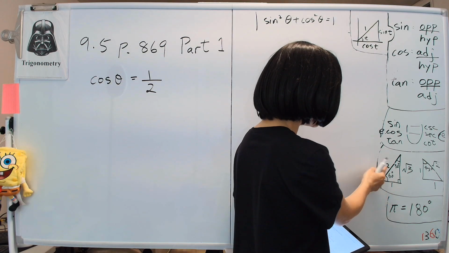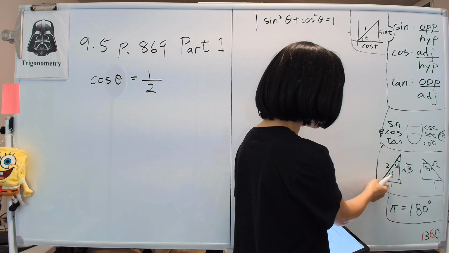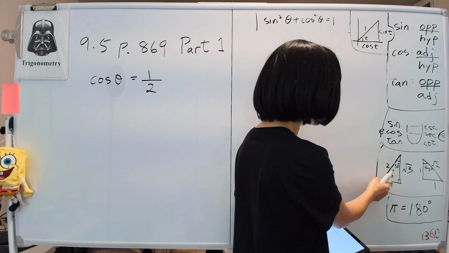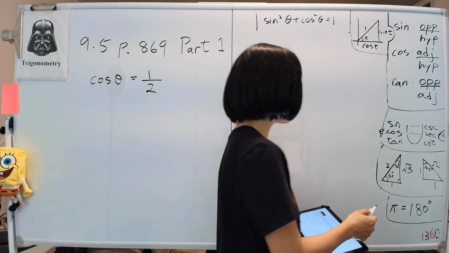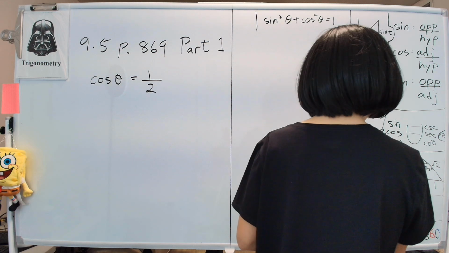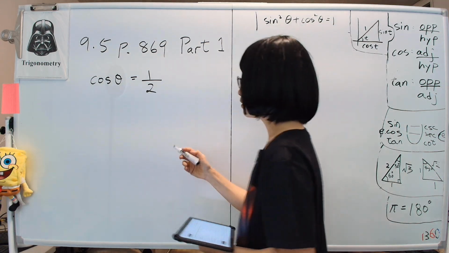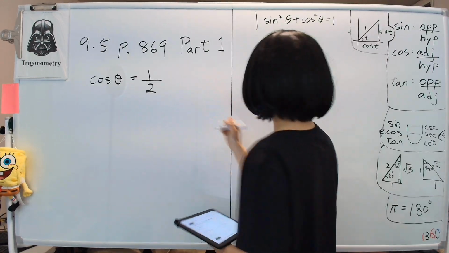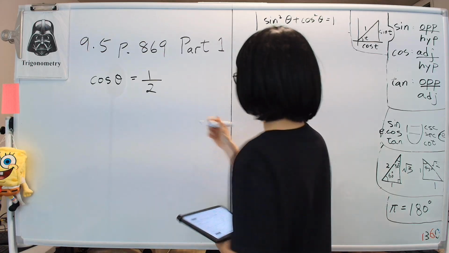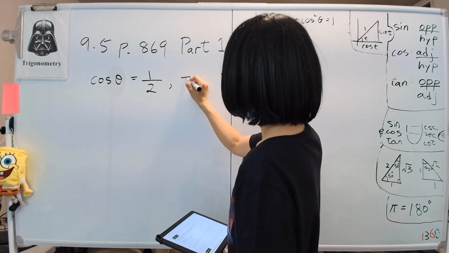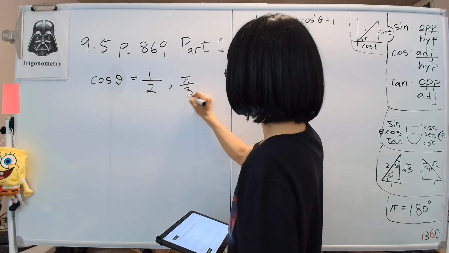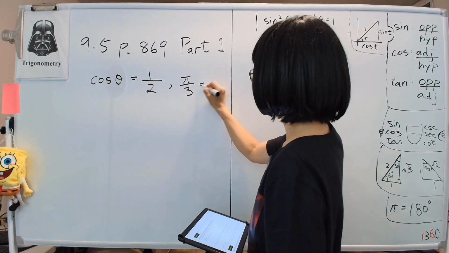Which angle has adjacent over hypotenuse as 1/2? That will be the 60-degree angle, or pi/3, with pi being 180. So if cosine theta equals 1/2, then theta is going to be equal to pi/3. That is our angle, pi/3, or 60 degrees.